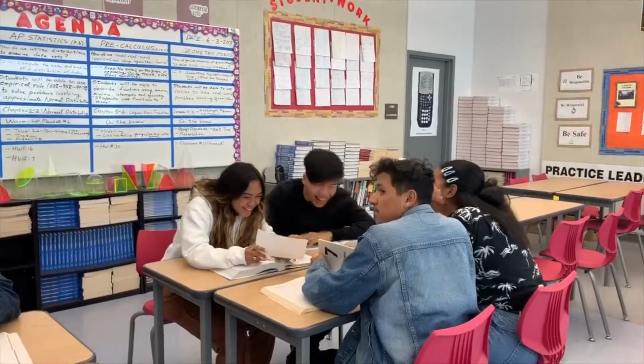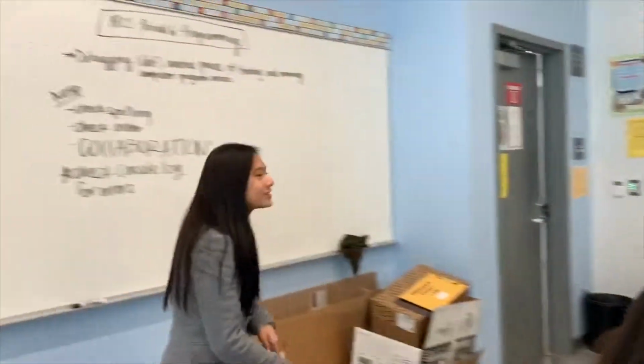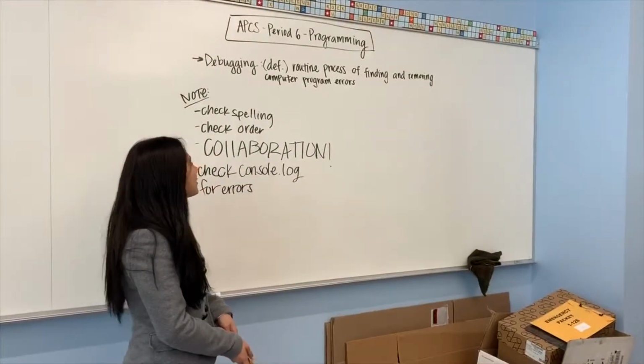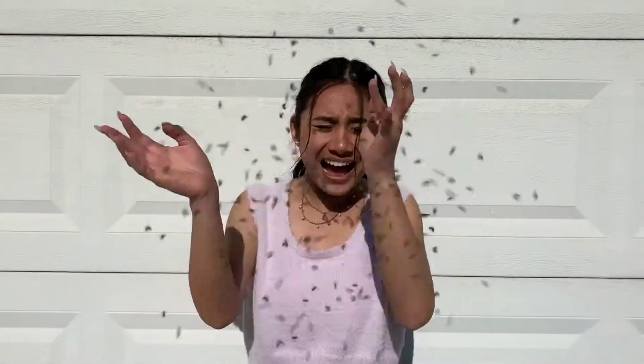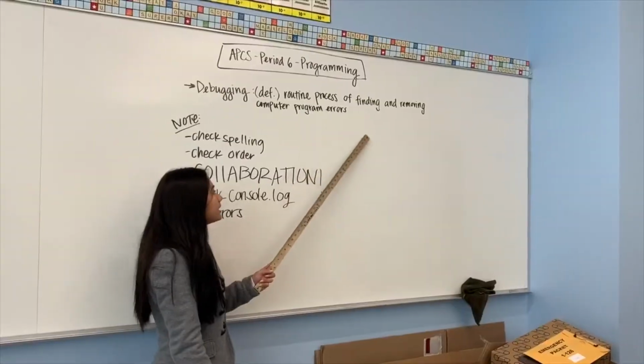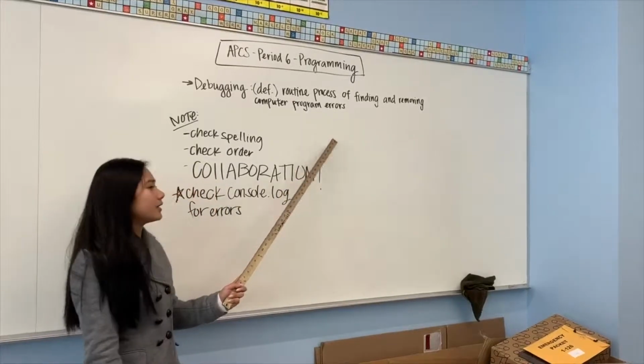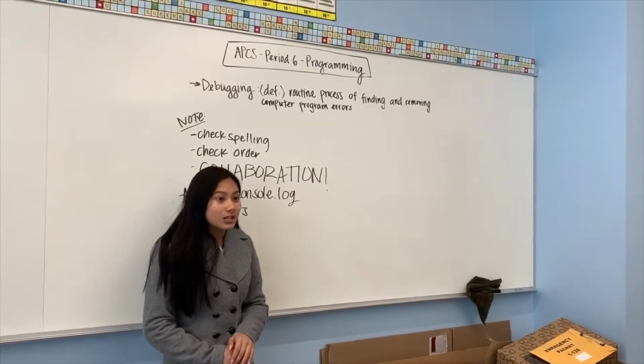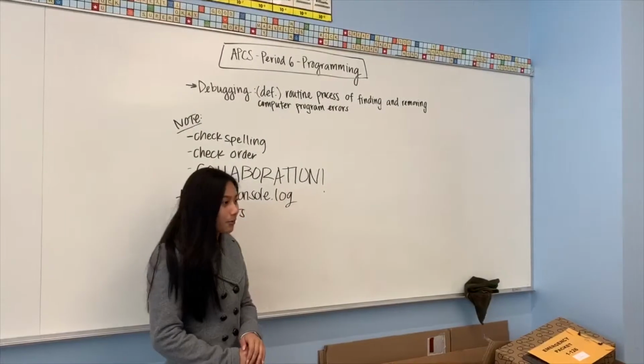Alright, put away your phones. Listen up. Okay, so for today, we're learning about debugging. Debugging: the process of finding and removing computer program errors. Debugging is an essential part of programming.